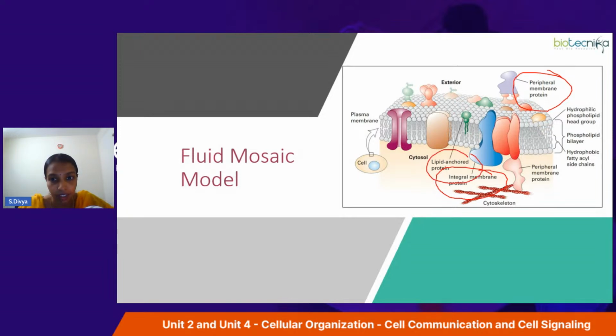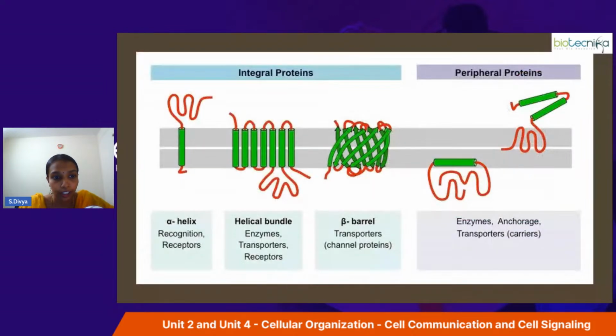Integral proteins can exist as a single transmembrane helix or as multiple transmembrane helices. They can also exist in the form of beta barrels, that is transporters and channels that allow the movement of ions and molecules. So you can identify how it works, right?